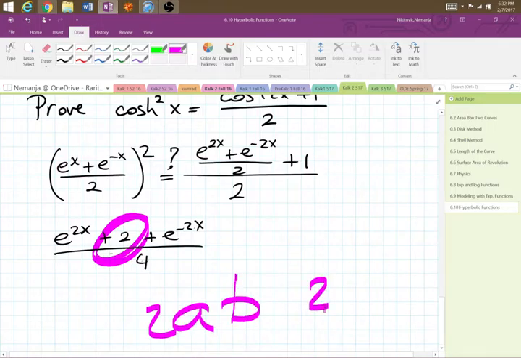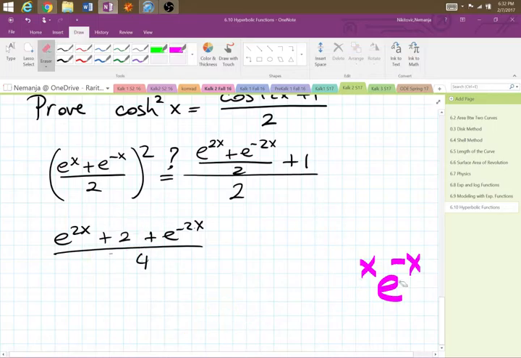It's going to be 2 times e to the x times e to the minus x. How much is e to the x times e to the minus x? It's e to the 0, right? Because x minus x is 0. So e to the 0 is 1, 2 times 1 is 2. So there we go. Just a tad of algebra, casual Tuesday thing.